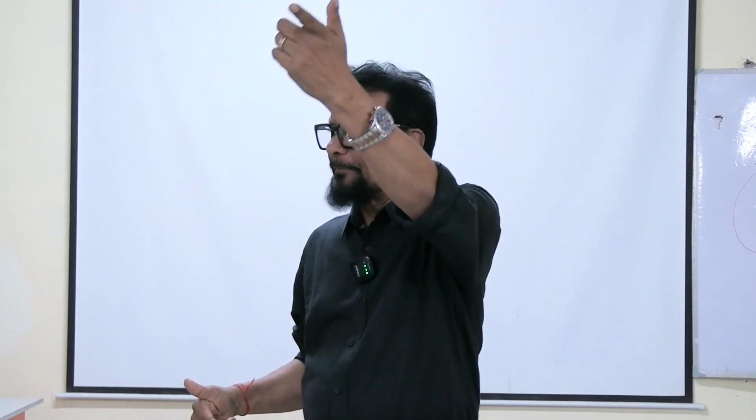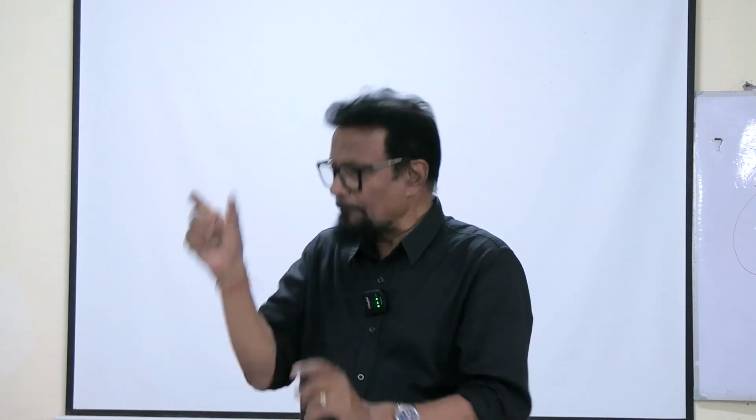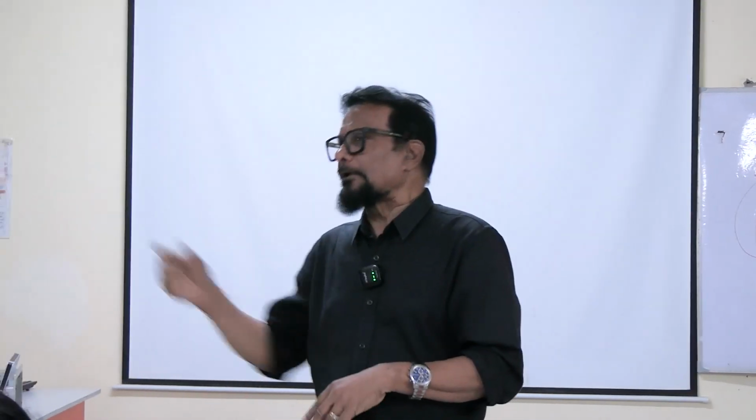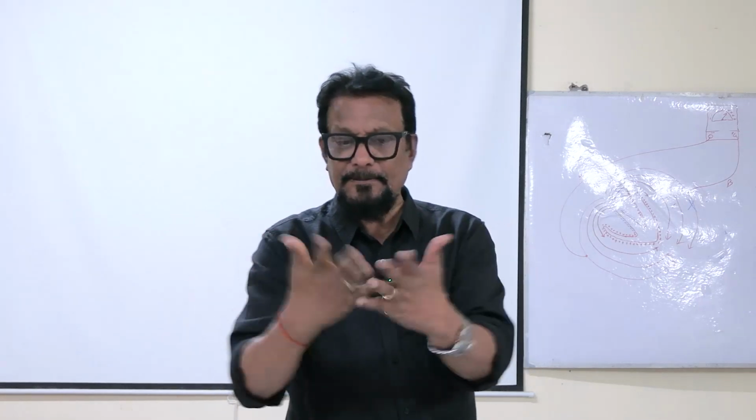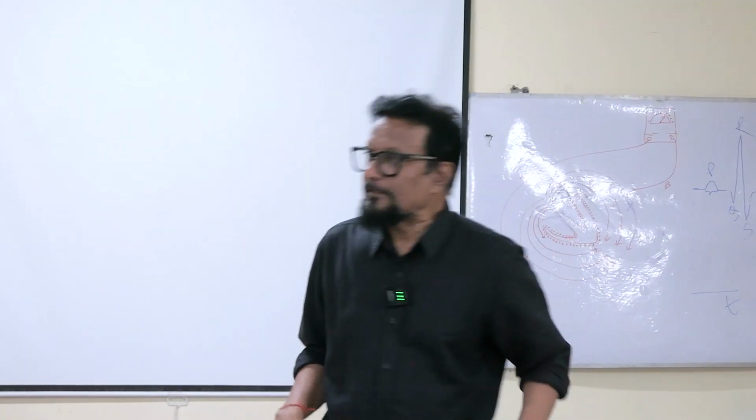Divide 1500 by the number of millimeters between the peaks. You will get the heart rate. Very simple. Other ways there I will tell you. When you are making a report, at that time you can immediately say what the heart rate will be.